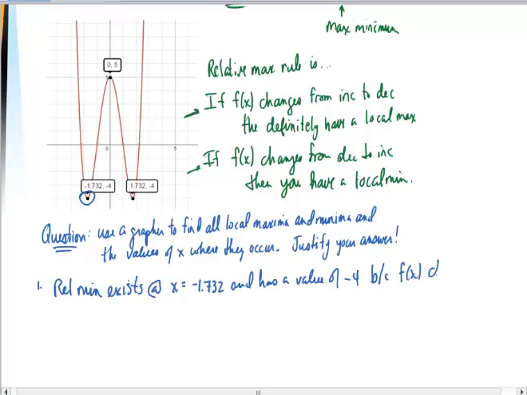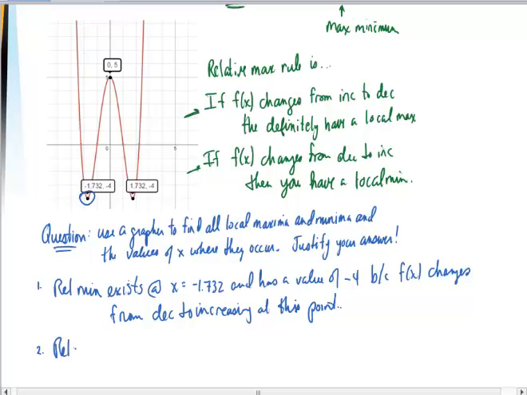And the justification would be because f of x changes from decreasing to increasing at this point. I would then say the second thing is I have a relative max. I'm just going across the graph.